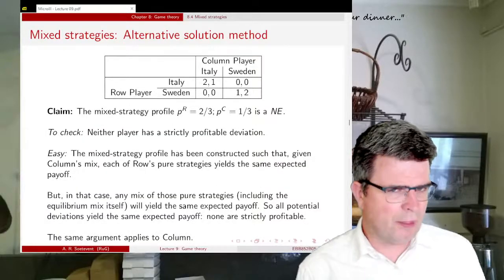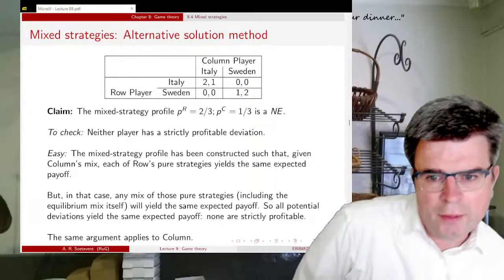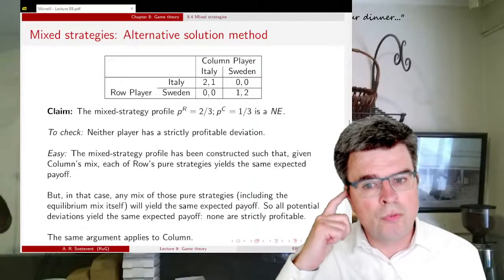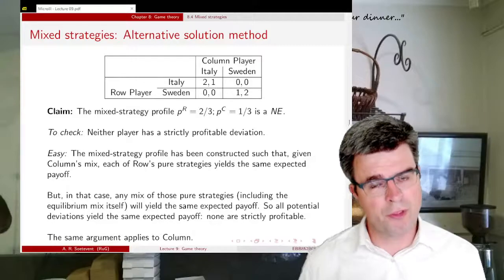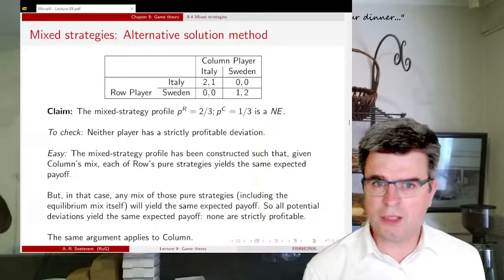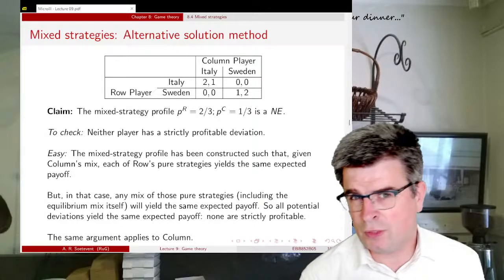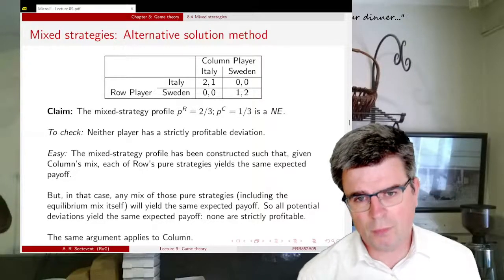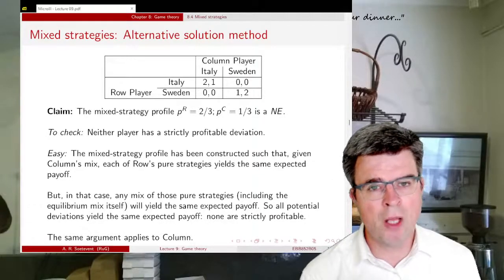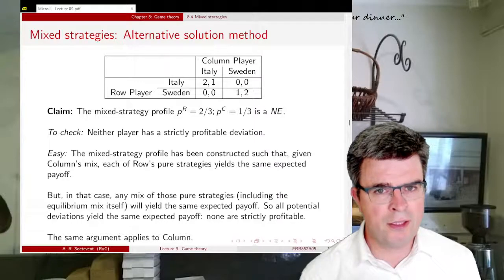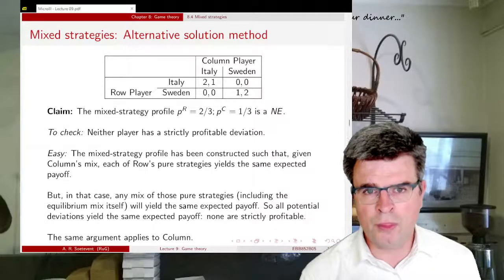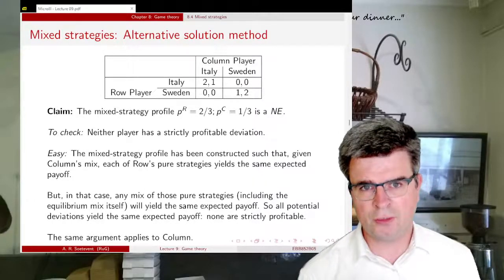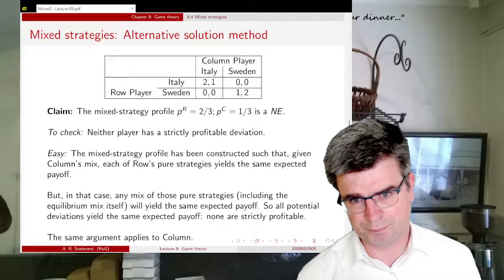So, let's check whether this mixed strategy profile 2/3, 1/3 is really a Nash equilibrium. Does it satisfy our definition of a Nash equilibrium? In order to be a Nash equilibrium, none of the players should have an incentive to deviate given the strategy of the other player.